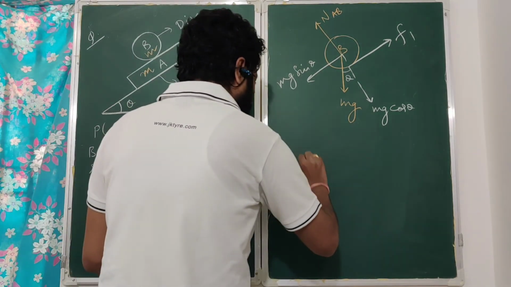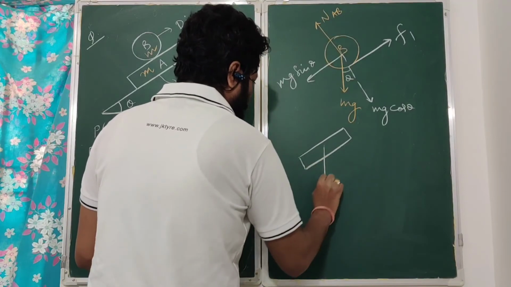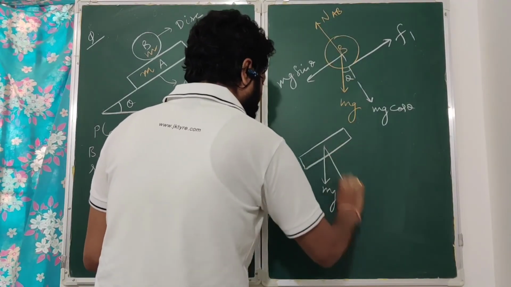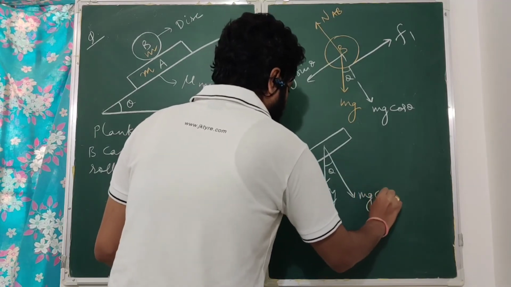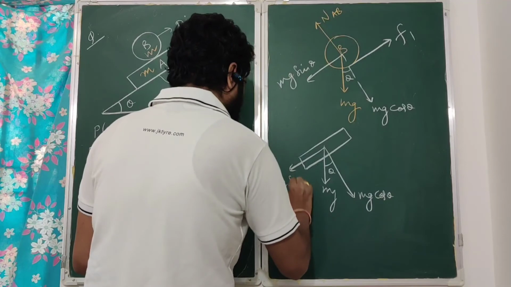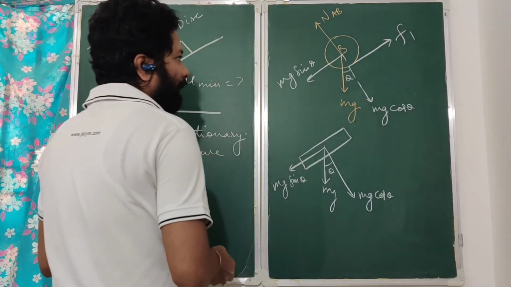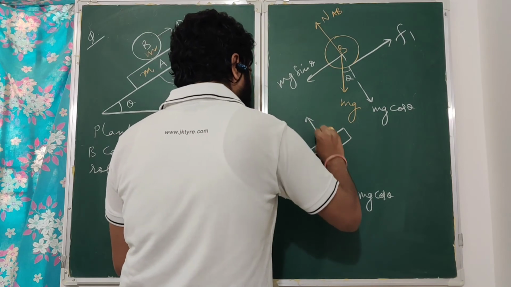Now think about this plank. This plank also has mg, same story, theta, mg cos theta, then mg sin theta. So now there is one normal reaction here.